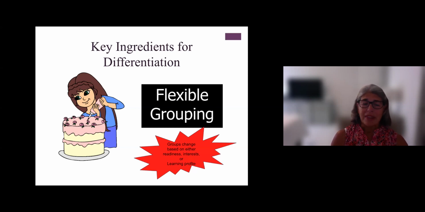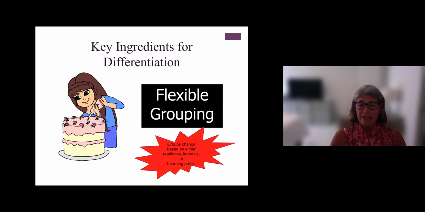Okay, but the thing is that I'm not going to have groups and then keep the same groups the whole time. So one day I might group by readiness because it makes sense for what I'm teaching. And another day, I might say, okay, today, I don't even tell the class, today I'm grouping by interests, today I'm grouping by readiness.